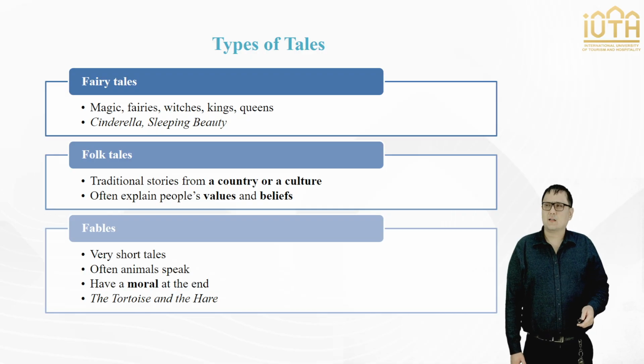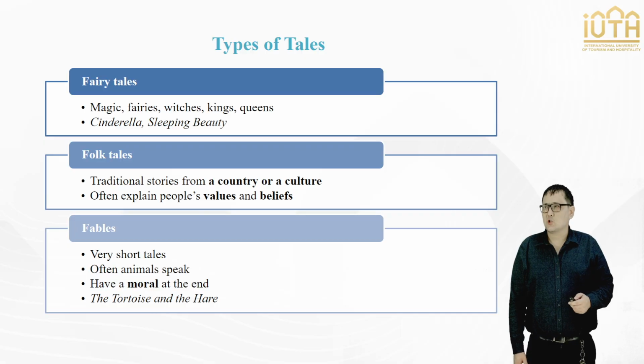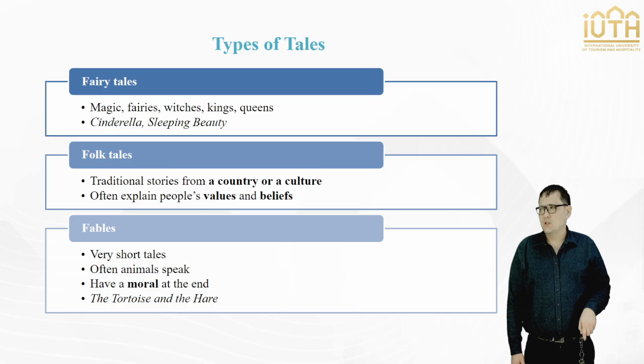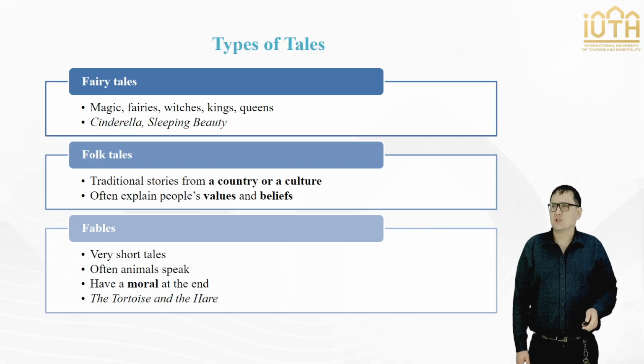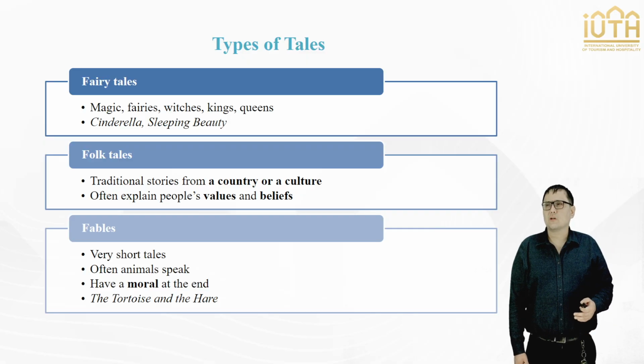The first one, fairy tales: magic, fairies, witches, kings, queens, Cinderella, Sleeping Beauty. Then folk tales, traditional stories from a country or a culture, often explaining people's values and beliefs. Fables, very short tales, often animals speak, have a moral at the end, the tortoise and the hare.